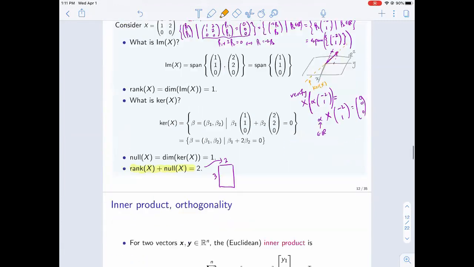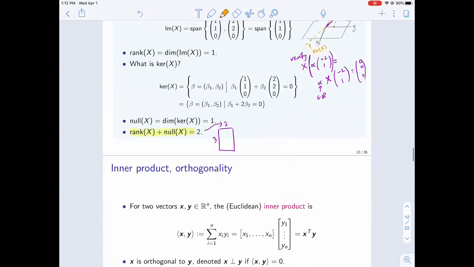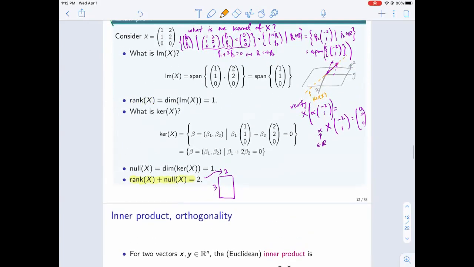Have you seen the inner product before? Maybe in the chat, because I don't have a poll. Just one person has seen it. Yes, okay, 2, 3, 4, 5. Before looking at it, does anyone want to share what you remember about the inner product?